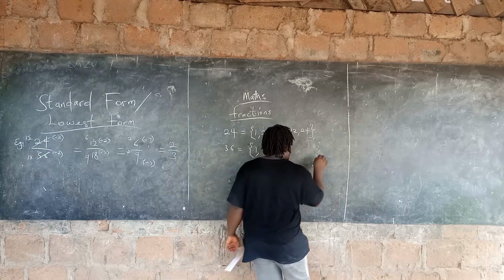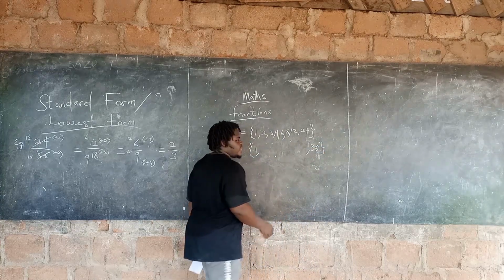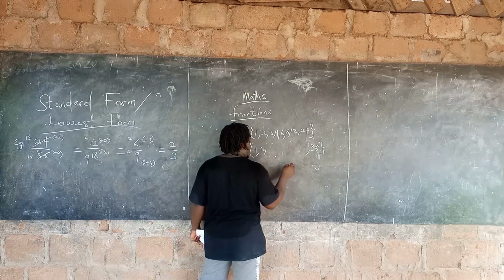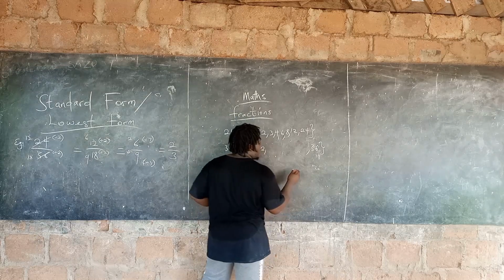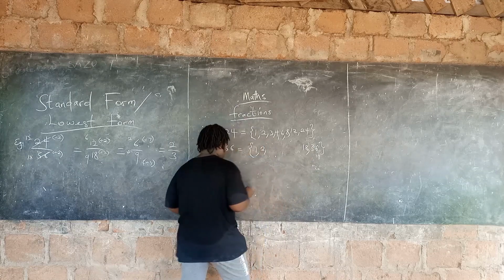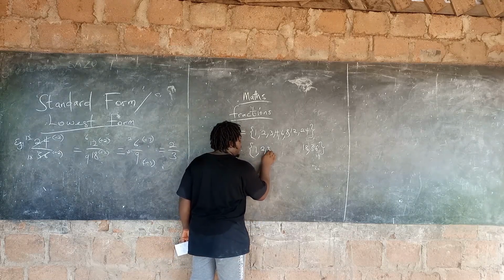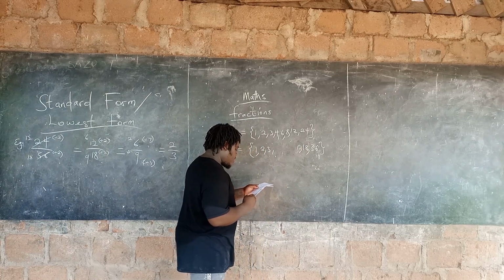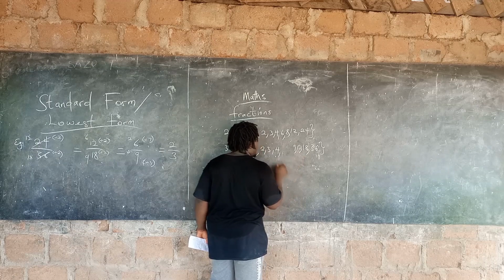1 times 36 is 36. 2 times 18 is 36. Now, 3 times 12 is also 36. 4 times 9 is also 36.